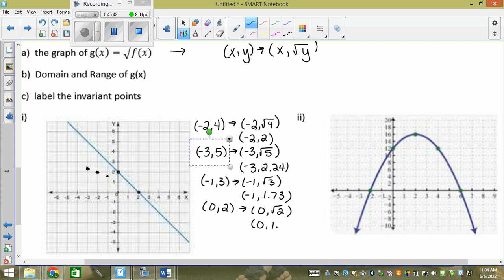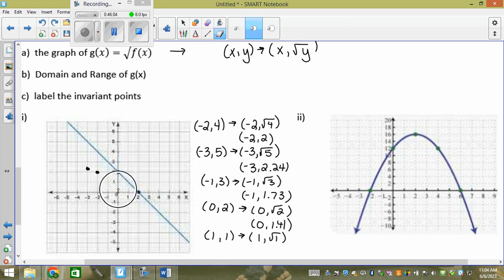1.41 I mean. 1 is going to remain 1 because the square root of 1 is 1, right? 1.4 and I draw at 0.4.